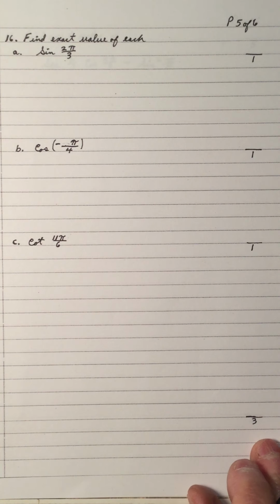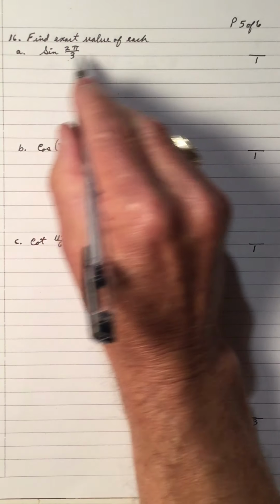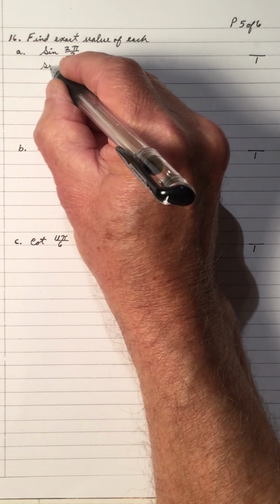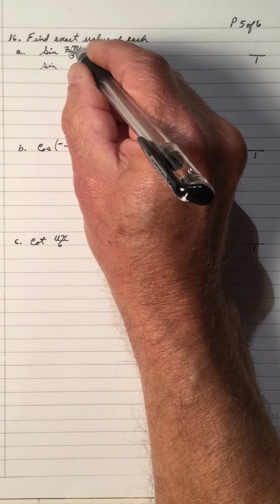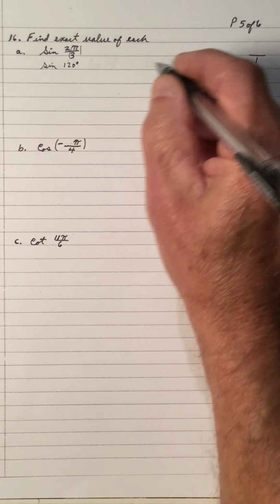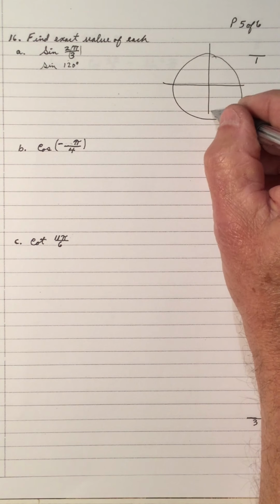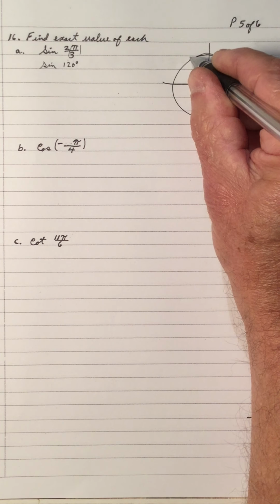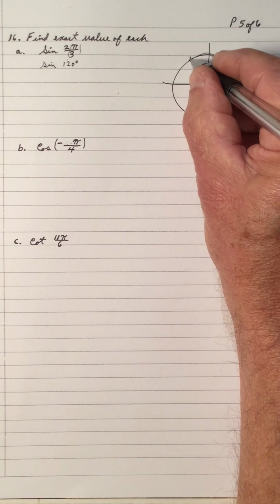And another one, 16. Find the exact values. So 2 pi over 3, pi over 3, 180 divided by 3 is 60. 2 times 60 is 120. So when we plot 120 on a rotation, that's a 90 and some more, there it is right there, that's 120. Terminal arm goes out.